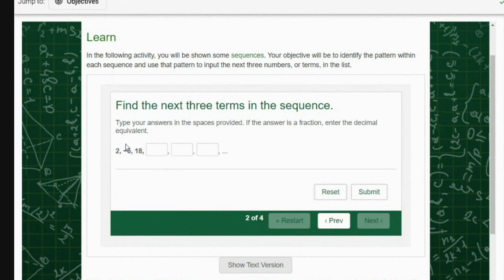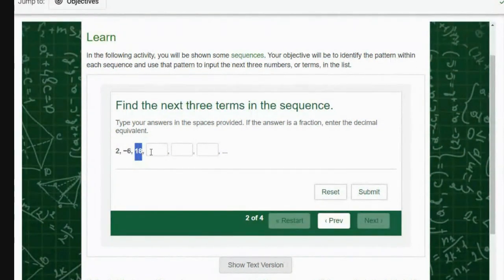Geometric sequences can alternate: positive, negative, positive, negative, when it's multiplying by a negative number. 2 times negative 3 is negative 6, right? Because 2 times 3 is 6, and it changes to a negative. And then you multiply negative 6 times negative 3. When you have a negative times a negative, it turns back into a positive.